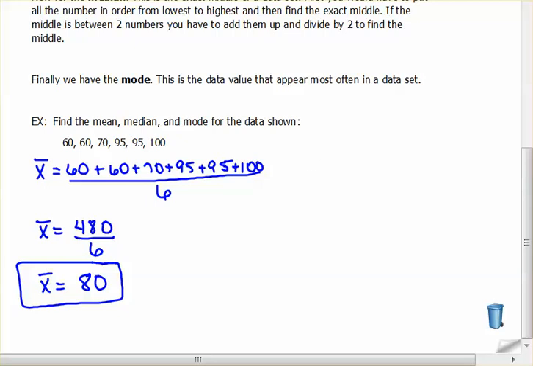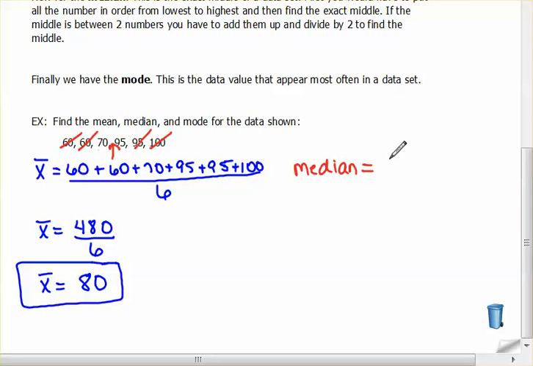Now we need to talk about the median. Again, we're talking about the exact middle. If I look at this data set, I can look at the first and the last and mark them out, and then the next to the last, and then the middle two. My median is going to be right in between these two data values, right smack dab in the middle.